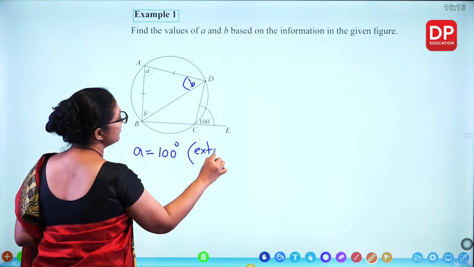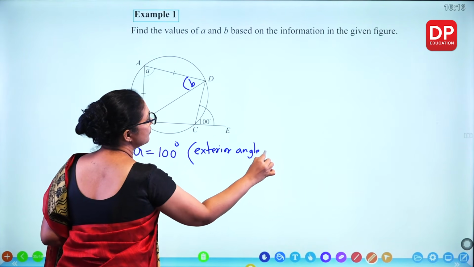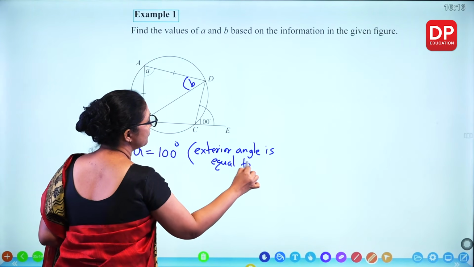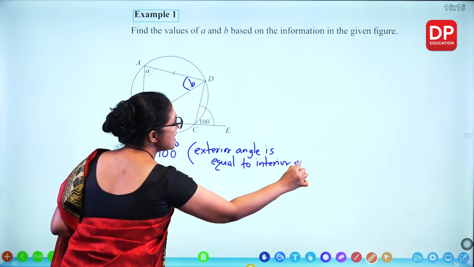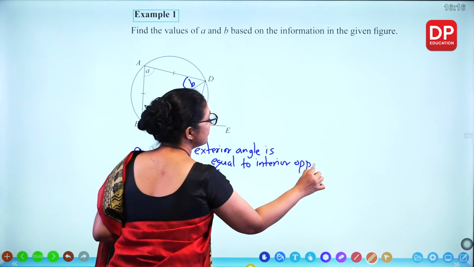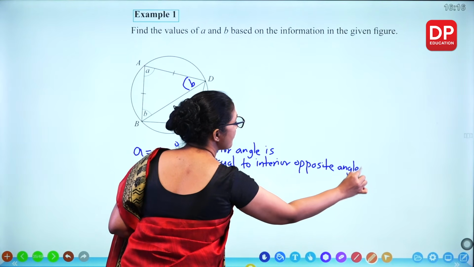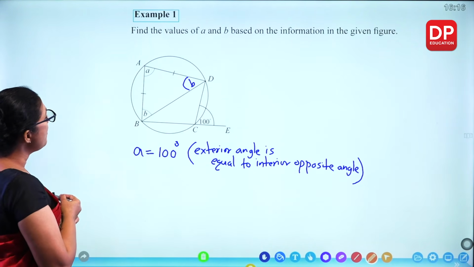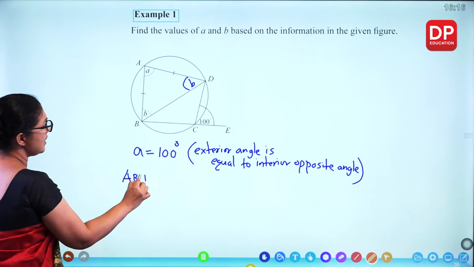Exterior angle is equal to the interior opposite angles. Now we need to find out B. Take triangle ABD.